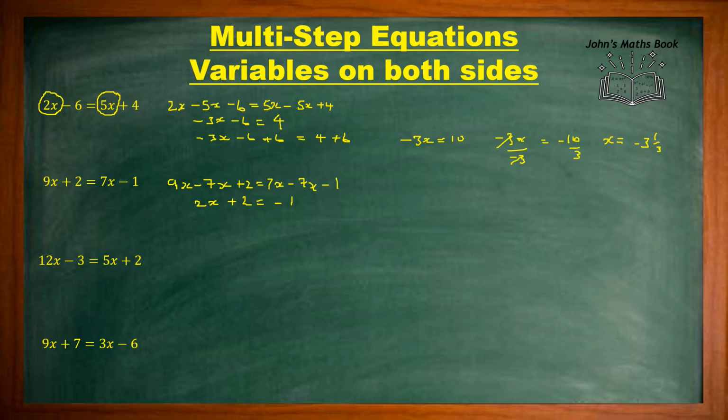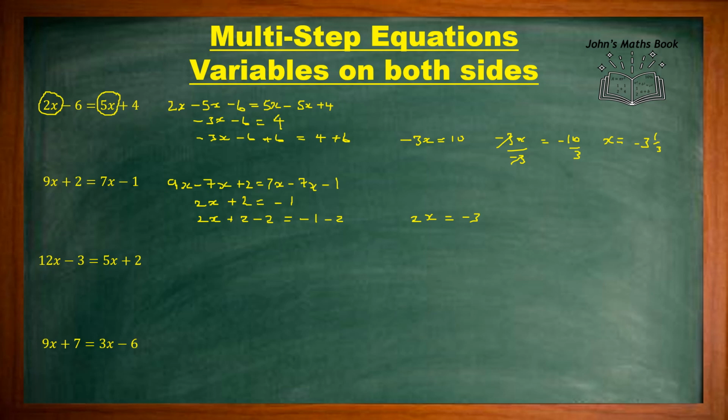Now let's isolate the 2x on the left hand side. To do that, we need to subtract 2 from both sides. So 2x plus 2 minus 2 is equal to minus 1 minus 2. That leaves 2x, plus 2 minus 2 is 0, is equal to minus 1 minus 2, which is minus 3.